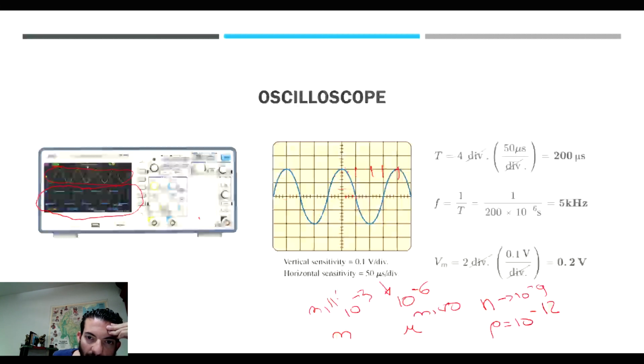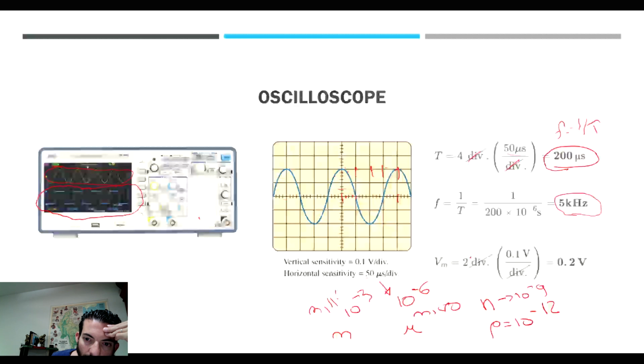Therefore, a whole cycle has 4 divisions, and each division is 50 microseconds. Division cancels with division, and 4 times 50 microseconds is 200 microseconds. So this period takes 200 microseconds. If you want to find the frequency, you simply do 1 divided by 200 microseconds, and we have 5 kilohertz as the frequency.